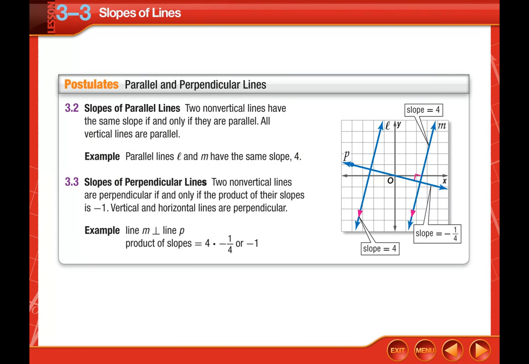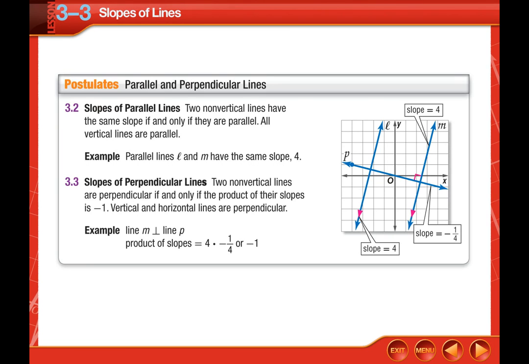Okay, we have some additional postulates, 3.2 and 3.3. Both of these have to do with slopes of lines. 3.2 is about the slope of parallel lines, and 3.3 is about the slope of perpendicular lines. If we have two non-vertical lines and they have the same slope, they will have the same slope if and only if they are parallel.